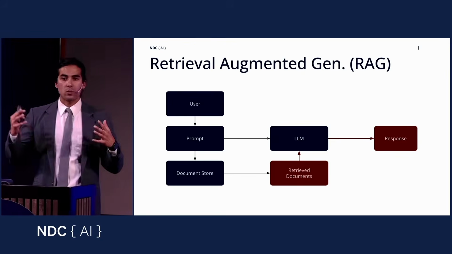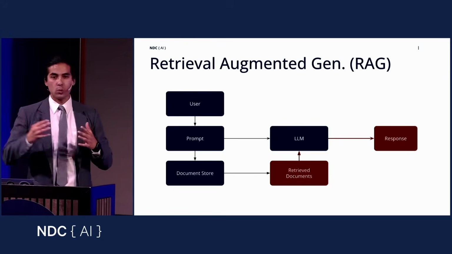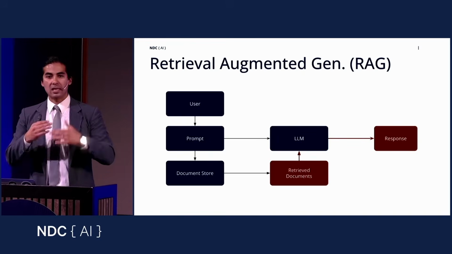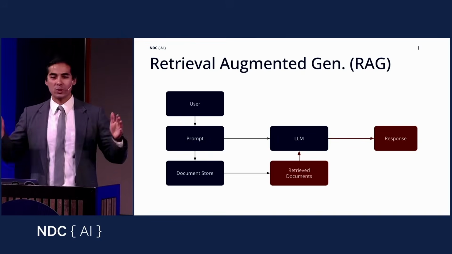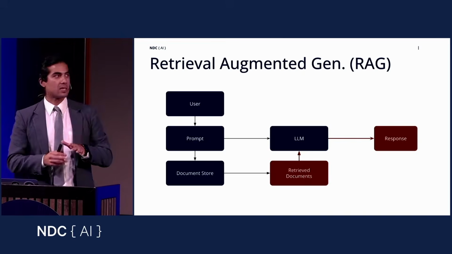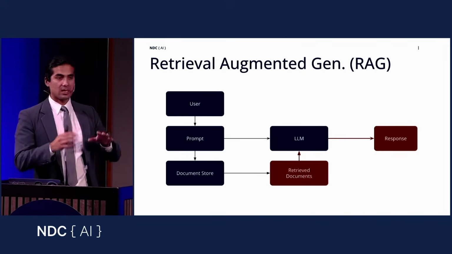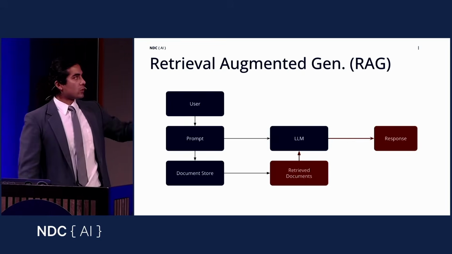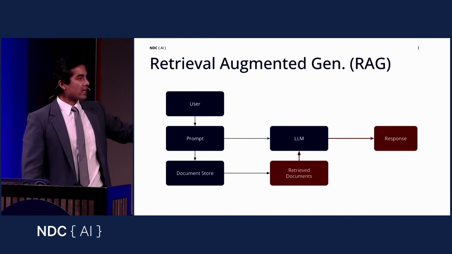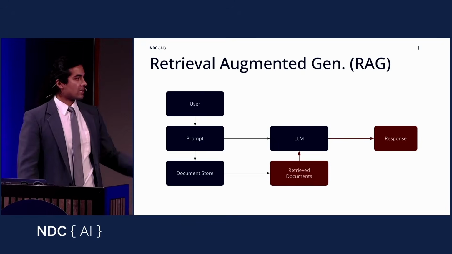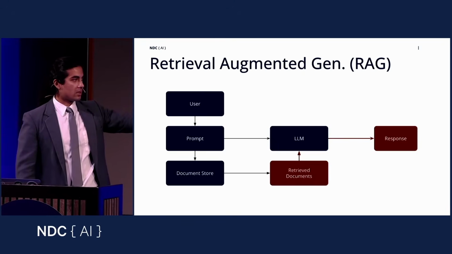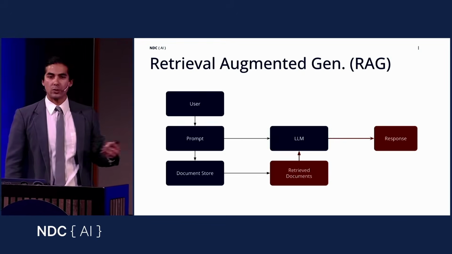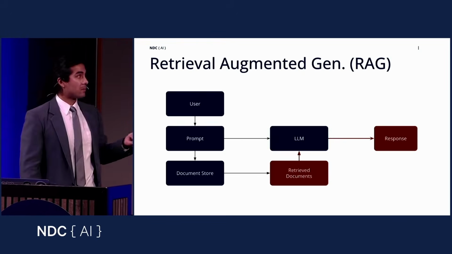RAG helps with one of the challenges that large language models have, which is the lack of infinite context. We need to put what's relevant to our system into its context so that it can operate on that. So what we do with this type of indirect prompt injection attack is try to poison the documents that are retrieved by the large language model when an instruction is given.